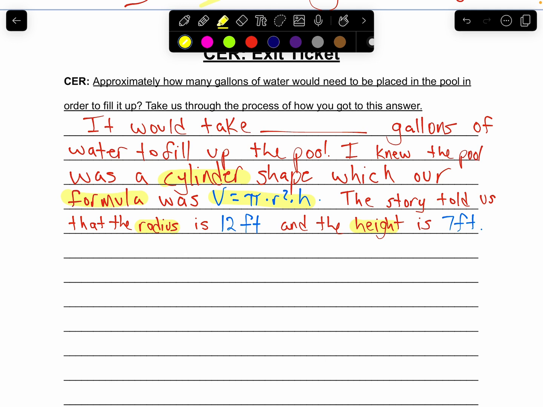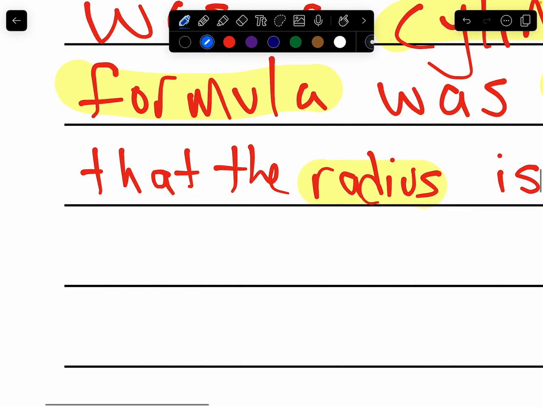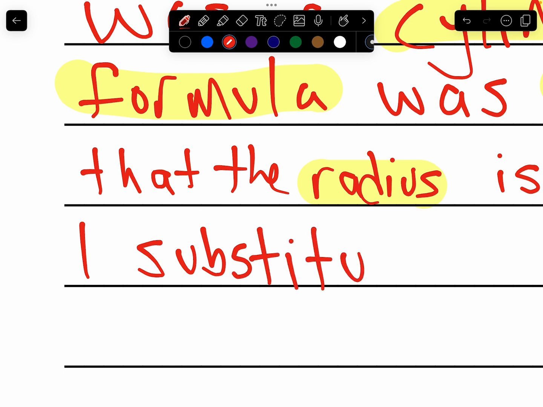Now, what is that word that we use mathematically for plugging in? And if you guys don't know, take a look at the left right here on the wall. I put up a vocabulary wall. It's above the whiteboard, above the door, but there's a bunch of vocab words from the beginning of the year till now. In case you guys ever get stuck, so that way it's always there for you. But what we did was, because again, you're writing it, I substituted those numbers in.